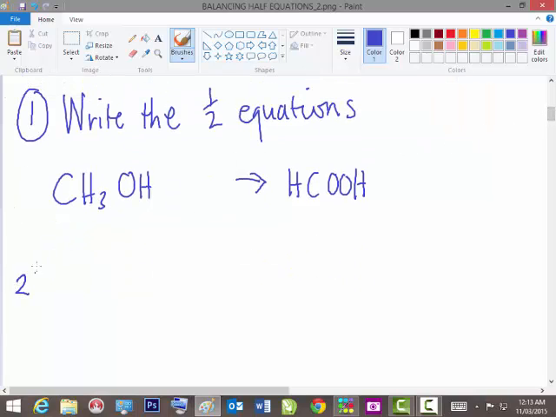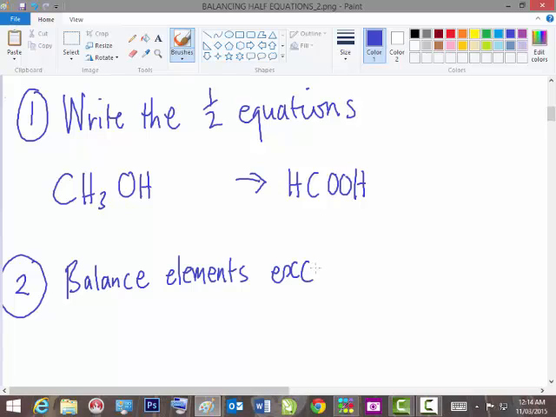So the second step is to balance elements except for oxygen and hydrogen. So in this first one it's only carbon, and you don't have to balance anything because there's one carbon on each side there.